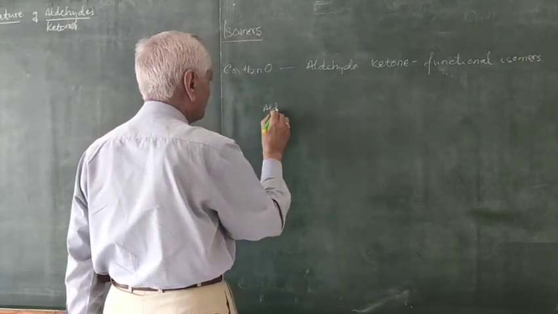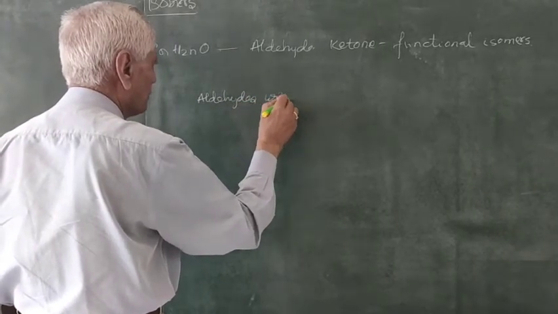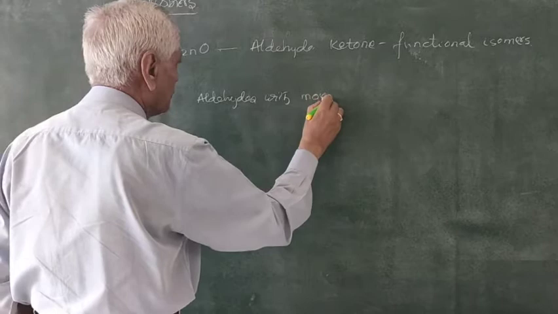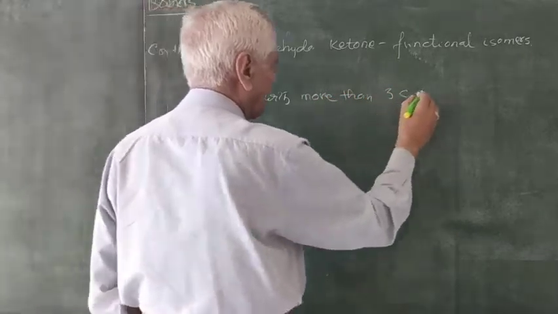Aldehydes having more than 3 carbon atoms, chain isomers are possible.